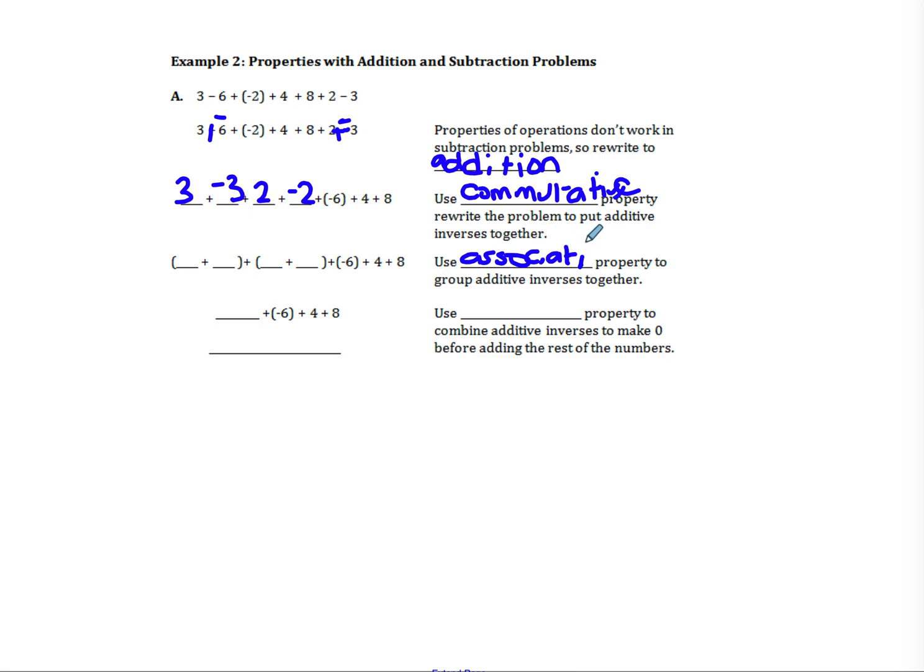So adding in parentheses, that's going to be the associative property. 3, -3, 2, -2. Okay, so combining those, that's going to give me a 0. All right, so then we use the inverse property there to make that 0 to combine our inverses.